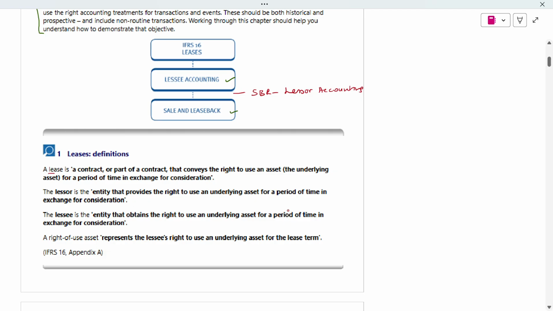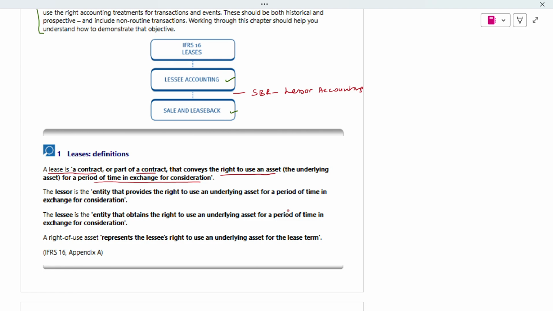A lease is a contract, or a part of a contract, that conveys the right to use an asset. You are taking it on a lease. You have the right to use an underlying asset for a time in exchange for consideration, and you have to pay the obligation.